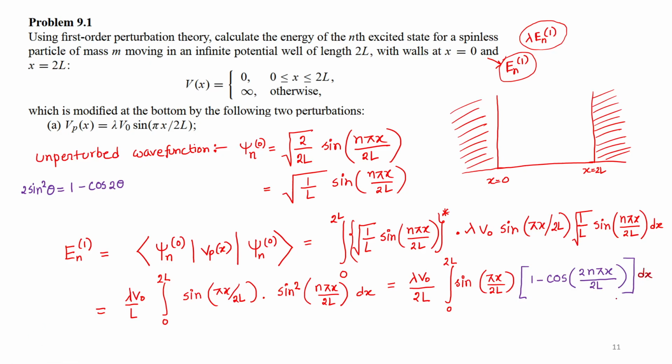Okay, now I will go to the next page. So we have lambda V0 by 2L as common.